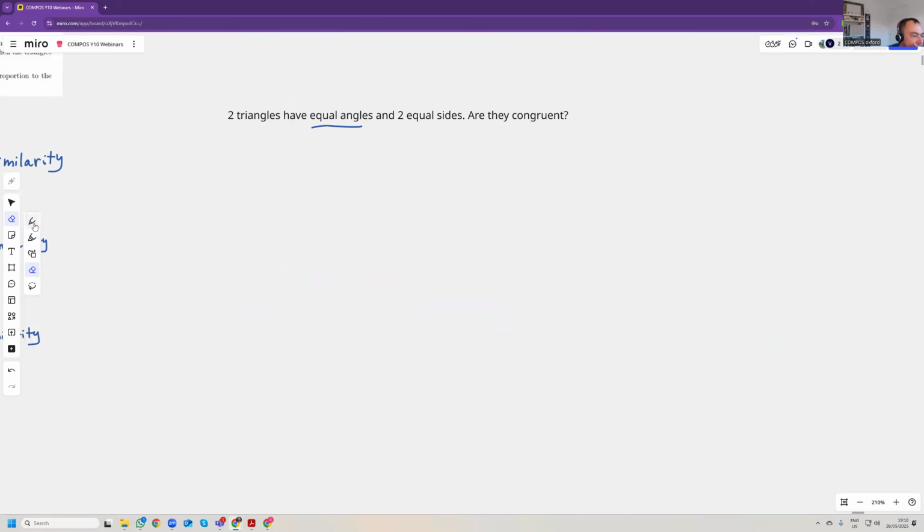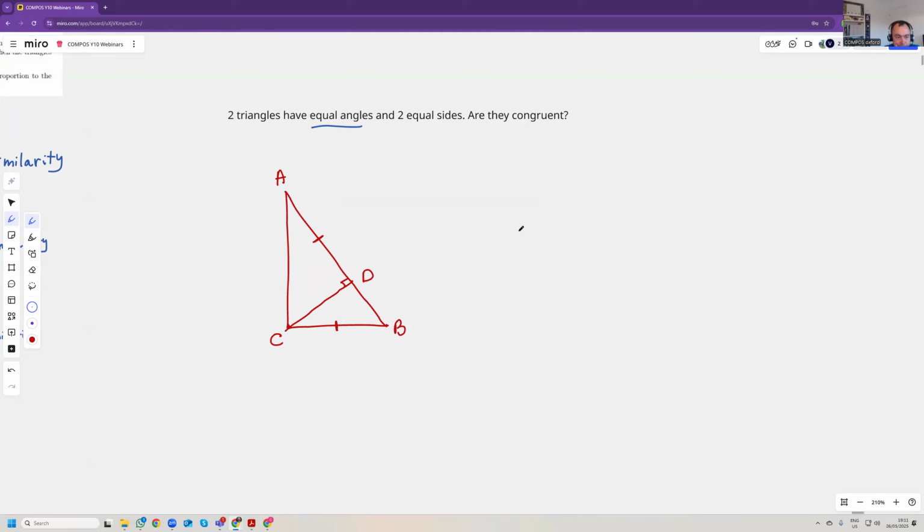Suppose we have a right angle triangle like this, and we draw the height, the altitude, like this. So let's label it A, B, C, D. And suppose we draw it in such a way that AD is equal to CB.